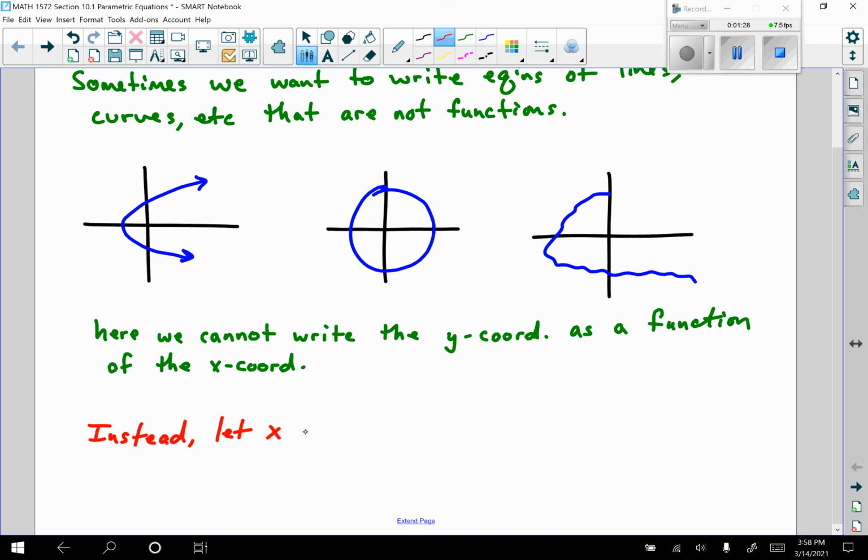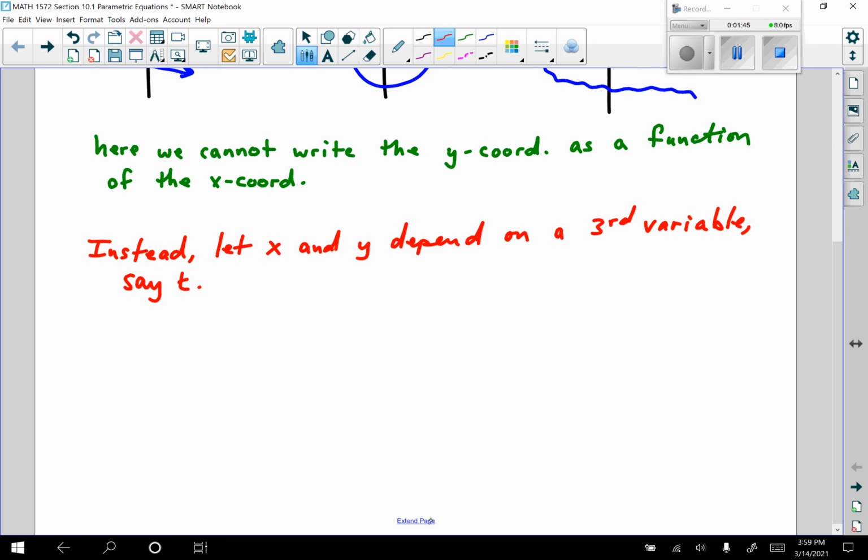So instead, again, we let x and y depend on a third variable, say t. Then x is going to be a function of t, so we could say f of t.